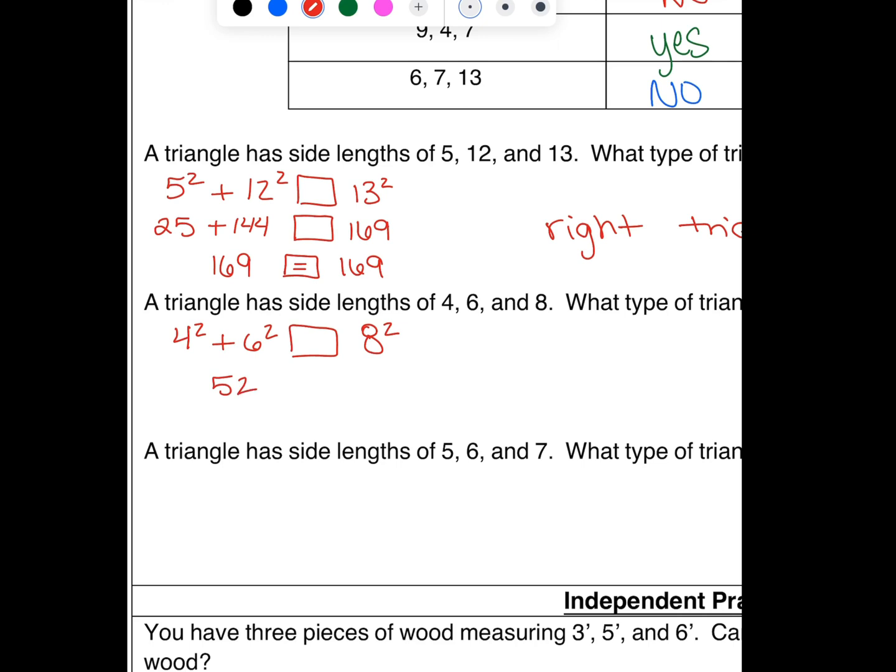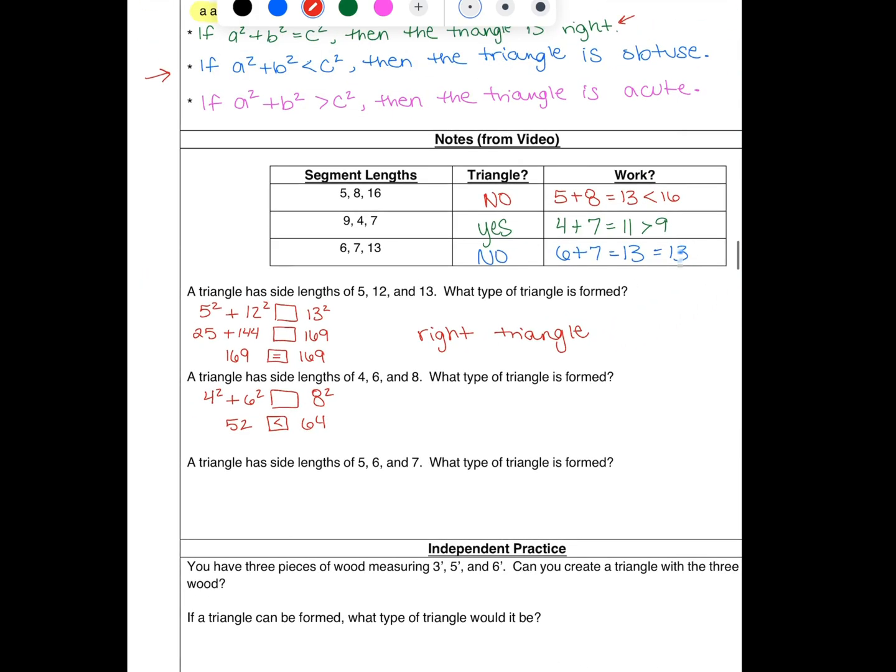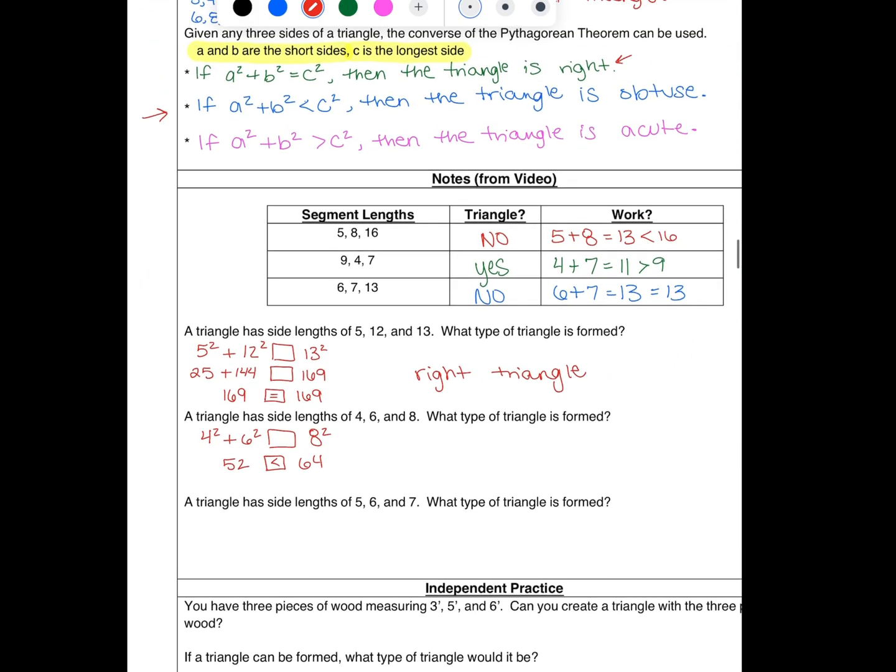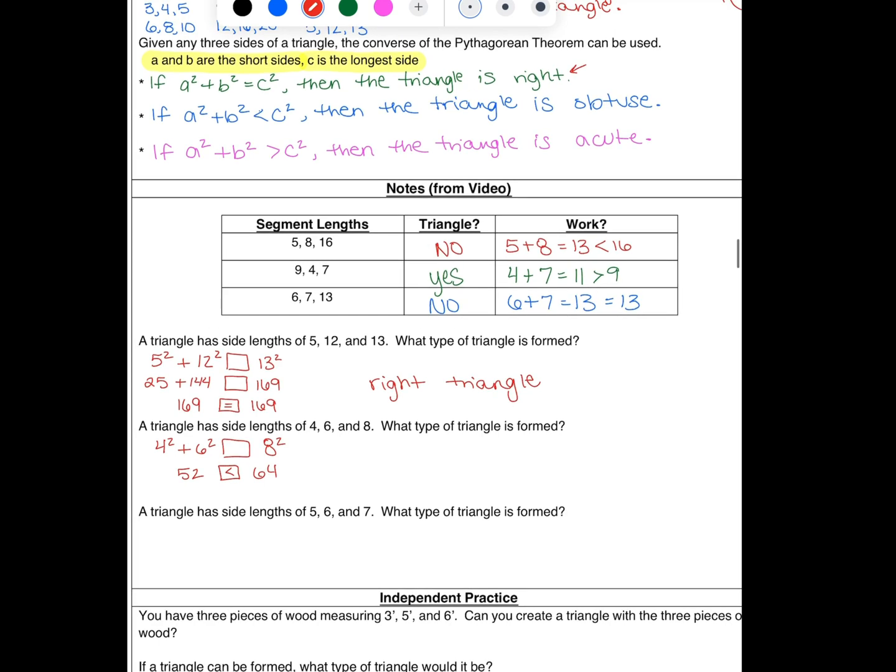This side gives us 52, blank, 8 squared is 64. So 52 is less than 64. Going back to our statements, a squared plus b squared is less than c squared, so we use our middle statement telling us that we have an obtuse triangle.